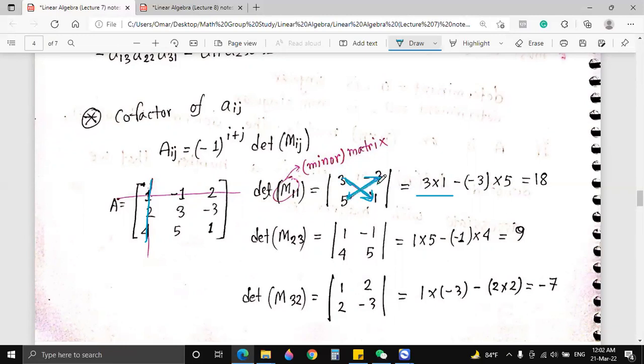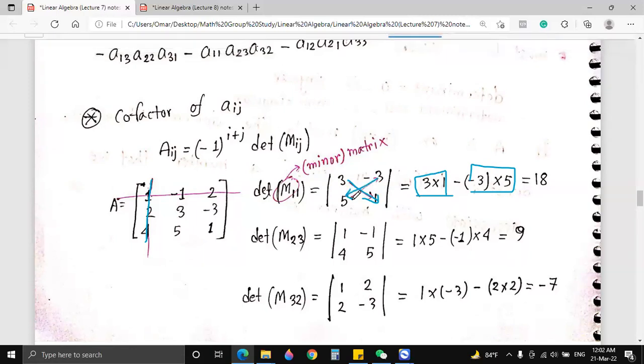So 3 multiply 1 minus 3 multiply 5. My sign could be this way, from left to right and then right to left, or it's up to you how you memorize.